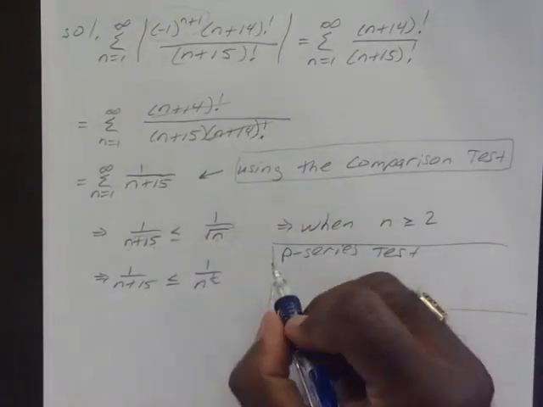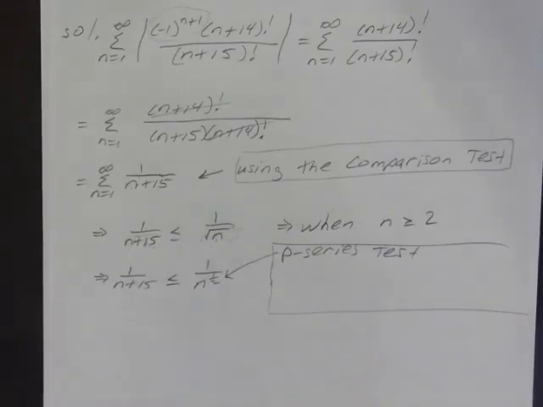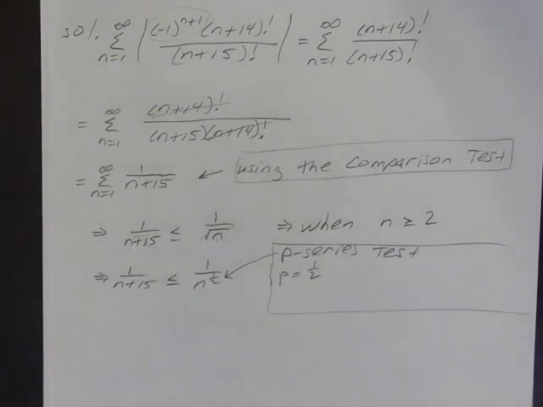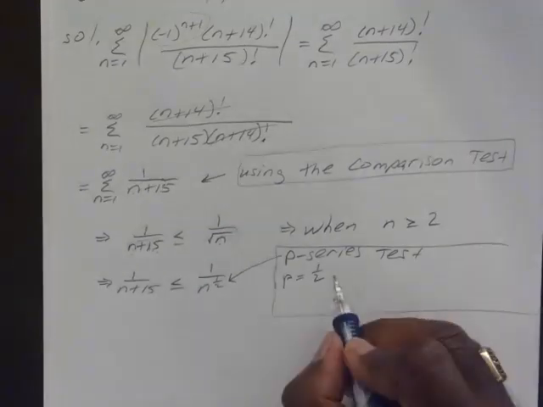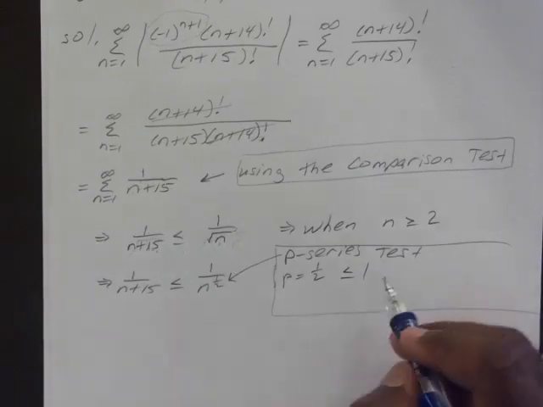So instead of pointing at that square root one, let's point at this one. So we can see there that our p is equal to 1/2, which is less than or equal to 1. So since it's less than or equal to 1, we know it diverges.